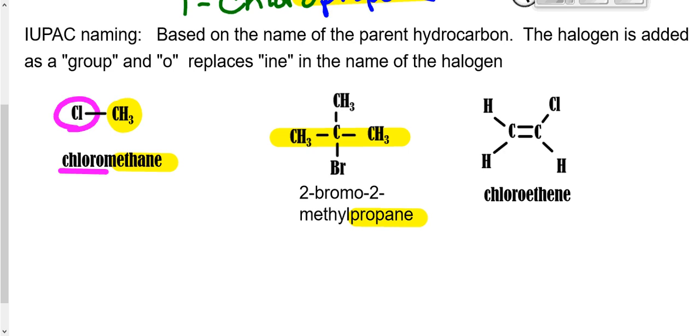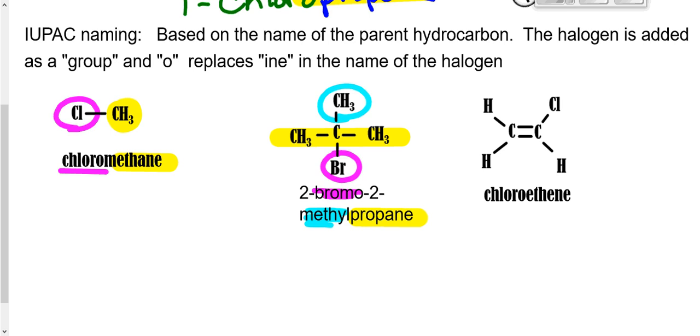It is propane. But there are 2 branches. There is a methyl branch and a bromo branch. Alphabetical order has to rule. So I must name my bromo before I name my methyl in the name. Both branches get their own number. So this is 2-bromo-2-methylpropane.